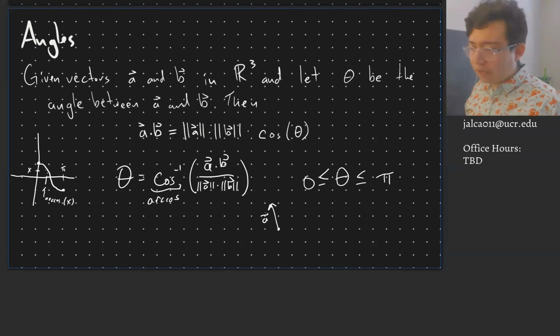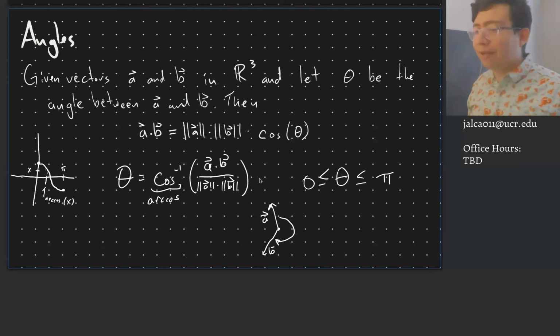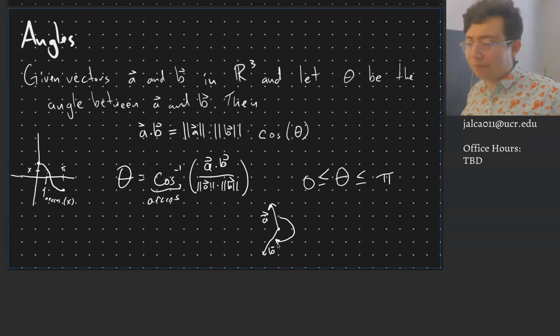Okay, so say I have A, and let's say this angle goes past pi, something like this. This is B hat. This angle is bigger than pi, and this formula can only give me something up to pi. What happened here?